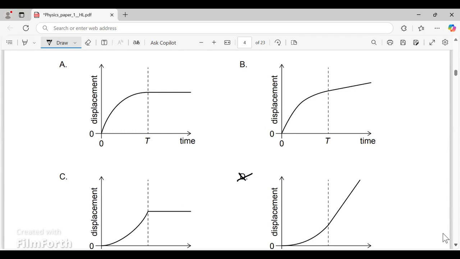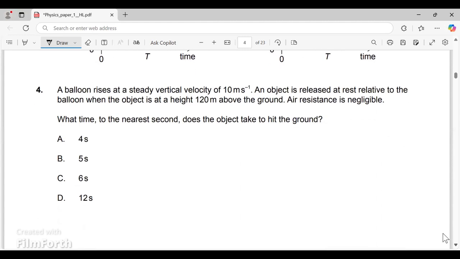So no constant. A balloon rises at a steady vertical velocity of 10 meters per second and an object is released at rest relative to the balloon when the object is at a height of 120 meters above the ground. Air resistance is negligible. What time, to the nearest second, does the object take to hit the ground?